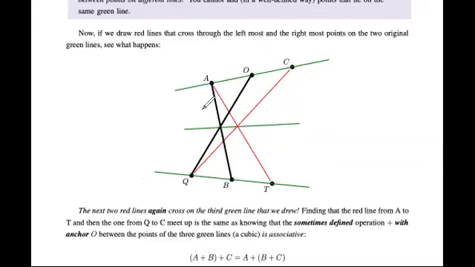So we know that Q is A plus B. In a similar manner, if we were adding B and C together from here to here, an analogous argument would show that T itself is B plus C.